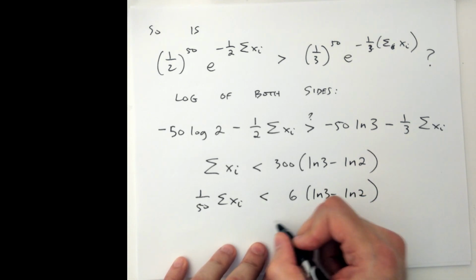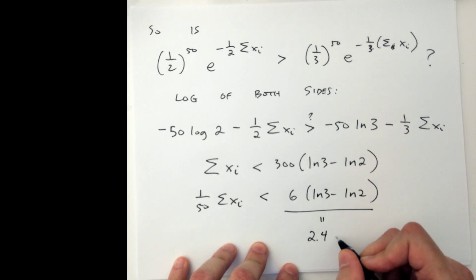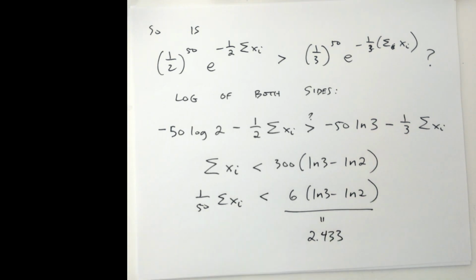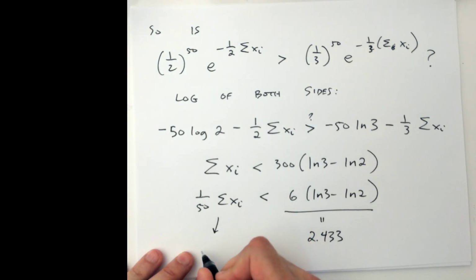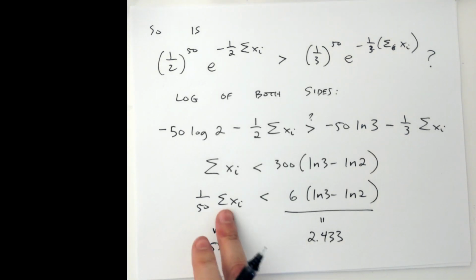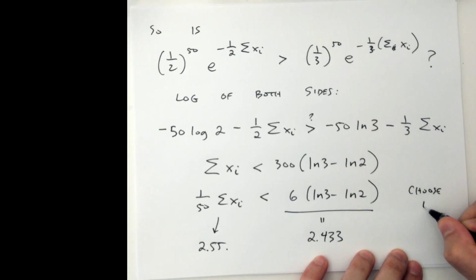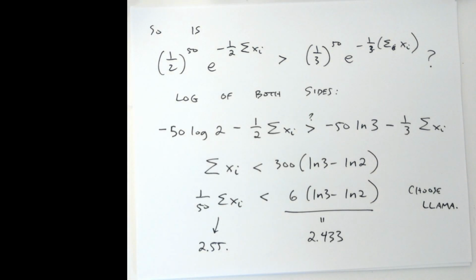This number here, if I compute it, is equal to 2.433. Okay? So finally I have a number, right? And this number, I told you in the problem statement, was 2.55, right? So this number is bigger than my threshold, therefore I would choose llama.